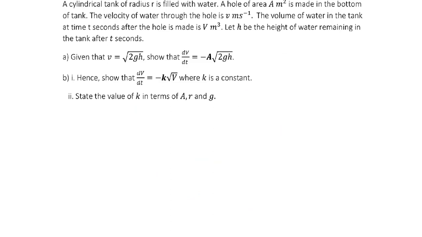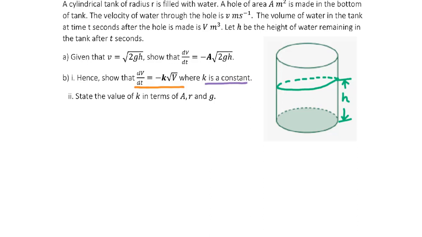Let's go to b. Hence, show that dV/dt equals negative k square root of V, where k is a constant. Suppose the height of remaining water in the tank is h. Therefore, the volume equals pi r squared times h. Solving for h, you get V over pi r squared.